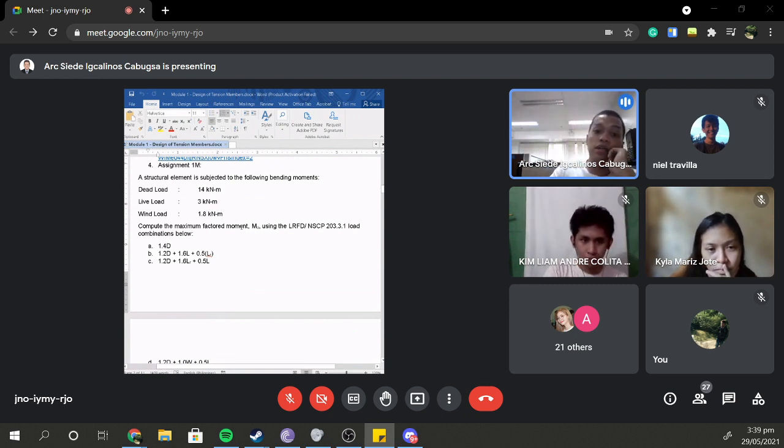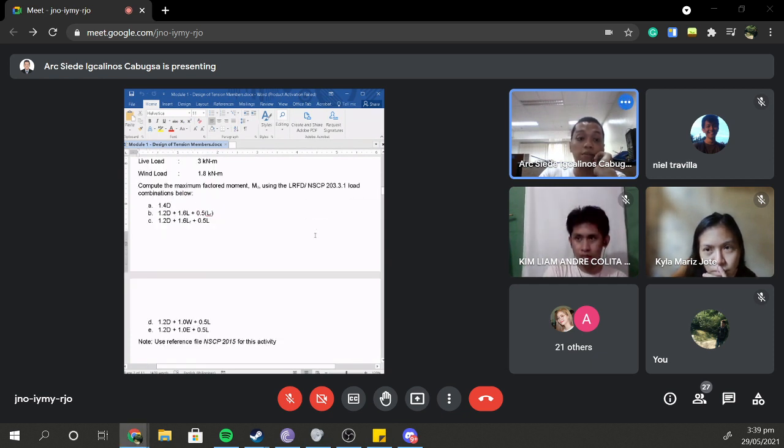Although this looks like a review of your theory of structures, no? Compute the maximum factored moment using the load combinations below, LRFD and ASD. So we will use the NSCP, no?